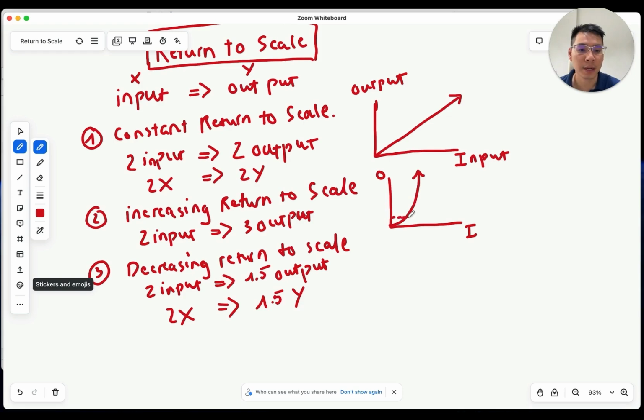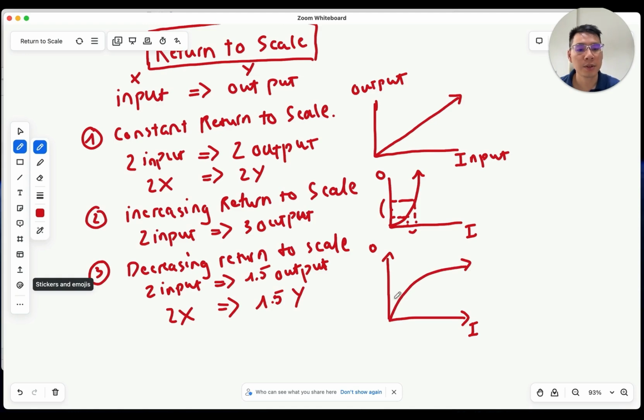For example, I'm increasing my input a little, but I'm getting a lot more output compared to what I put in. And the last part is decreasing returns to scale, which has a graph behavior like this.